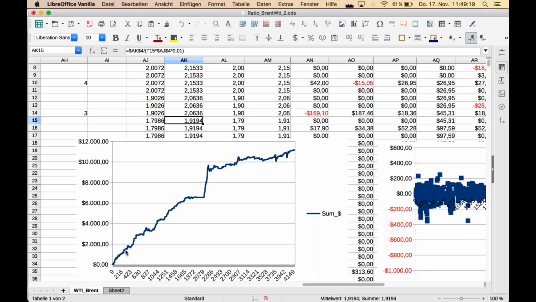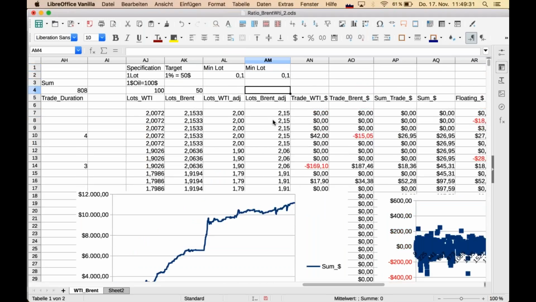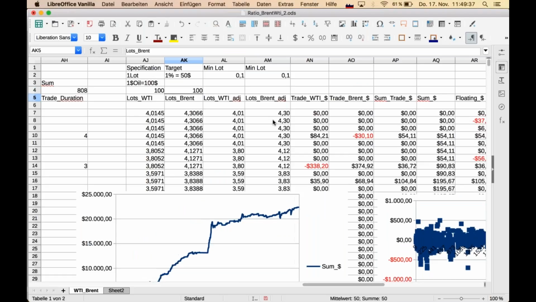And you see, within those years, I think we use data from 2000, so 16 years, that would create that total gain. And of course, now I can say, I want more, and that is simply entering here a different number.